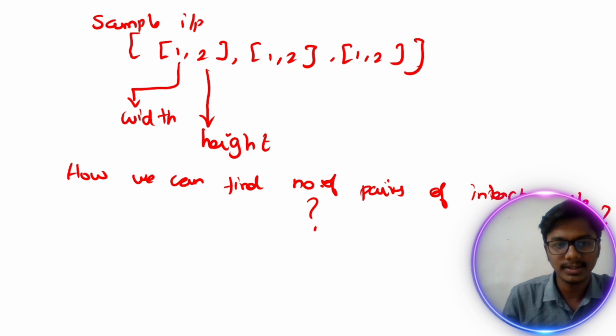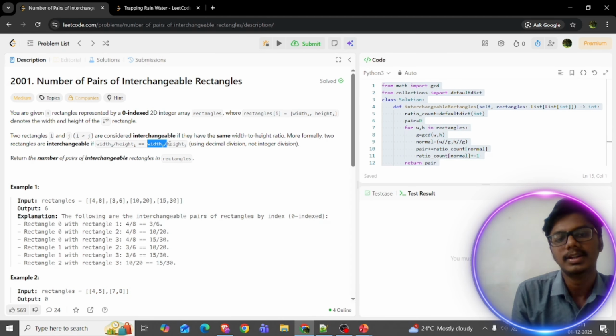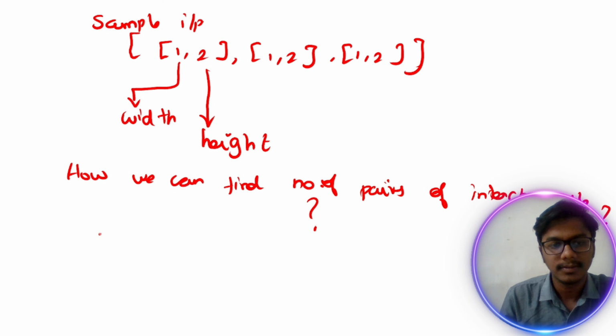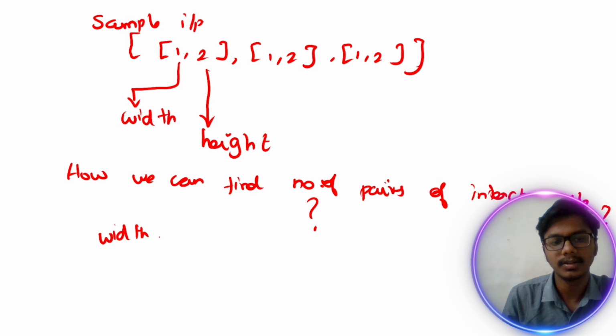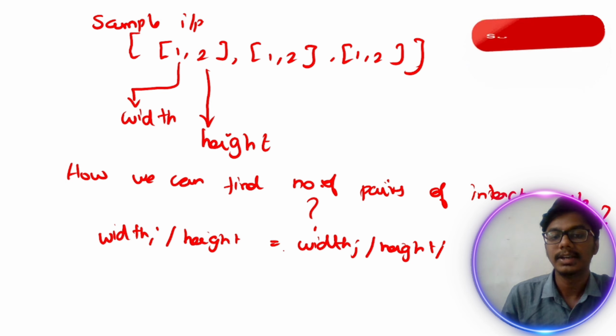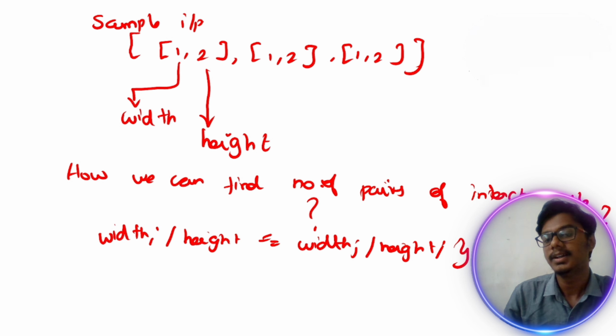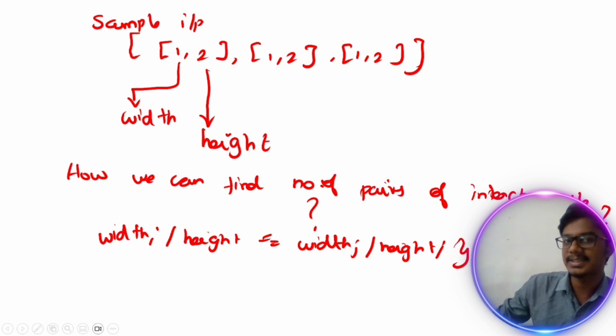They are giving it in the question itself: if width i divided by height i is equal to width j divided by height j, and both are equal, this is to be considered as one pair. These rectangles are going to be interchangeable.